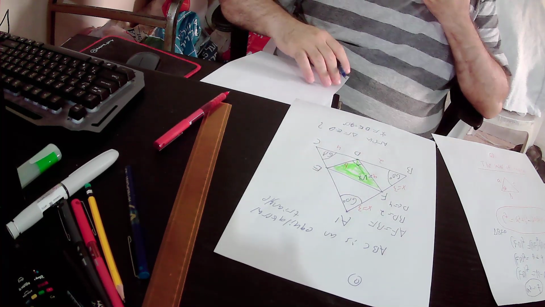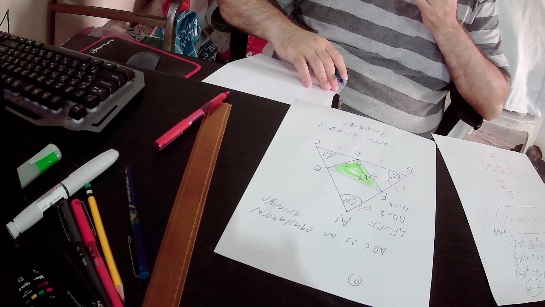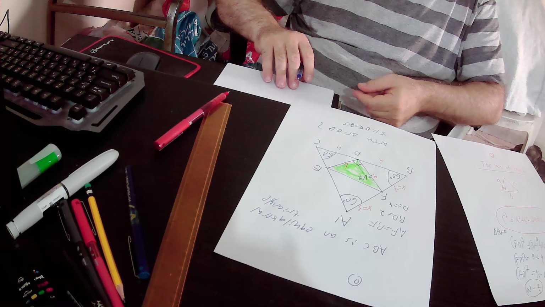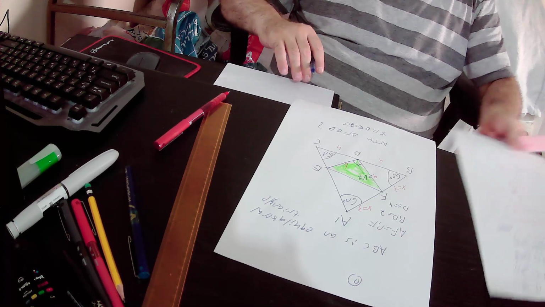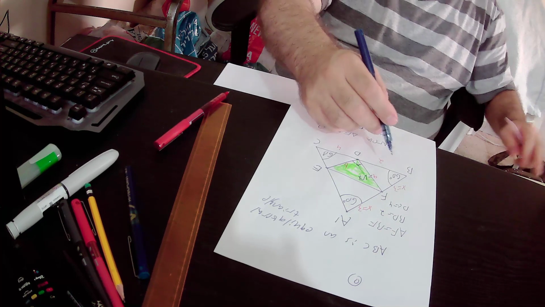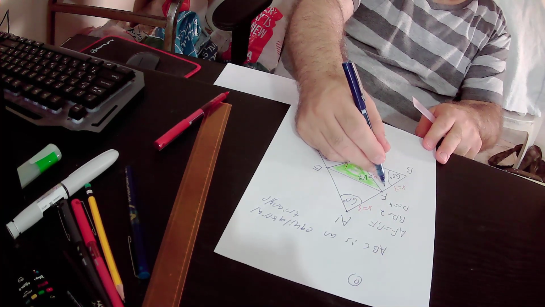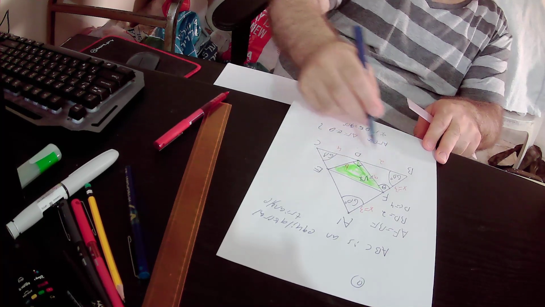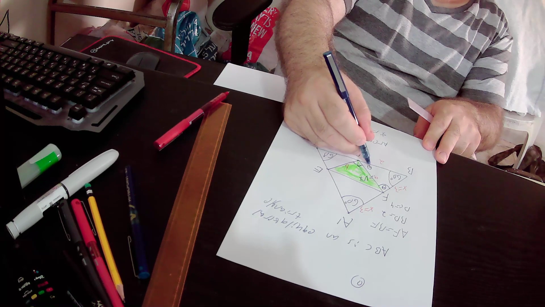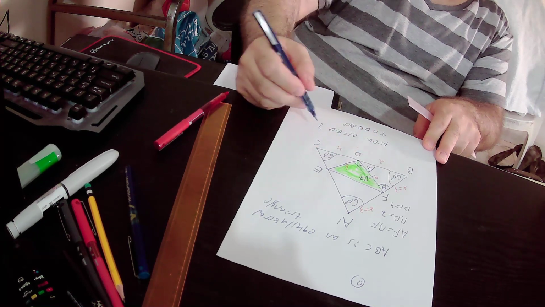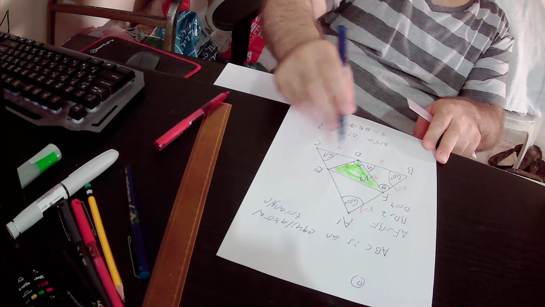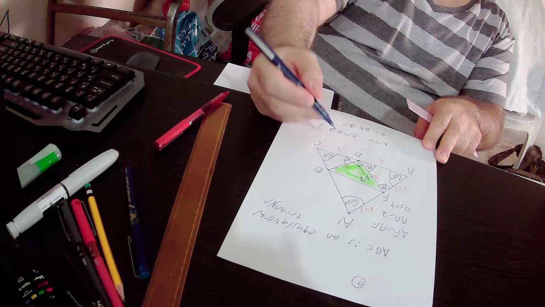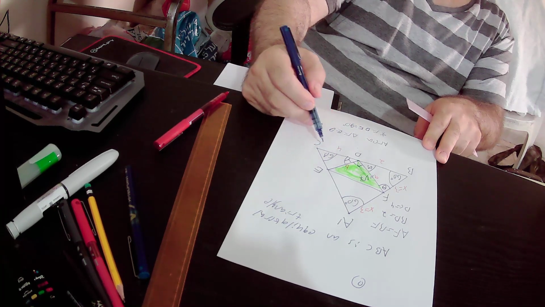Okay, and in the next step we will define angle BFD. This angle is theta, and we will define angle BDF as alpha, and we will also define angle CDE as gamma, and we will define angle DEC as beta.